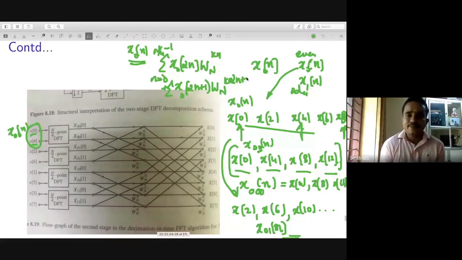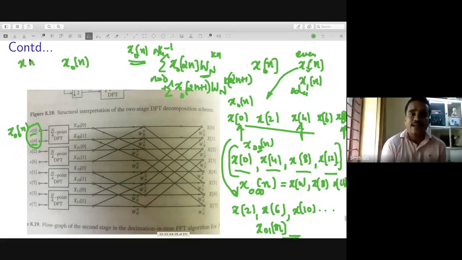So what has happened here? Basically, what is x0[n]? x0[n] is the even terms of the signal x[n]. If you take x0[n], you are finding the even terms of x[n].